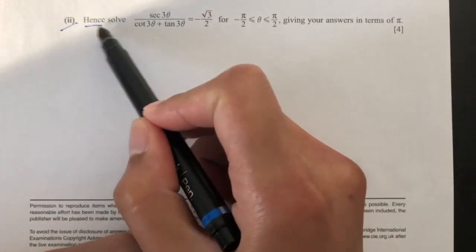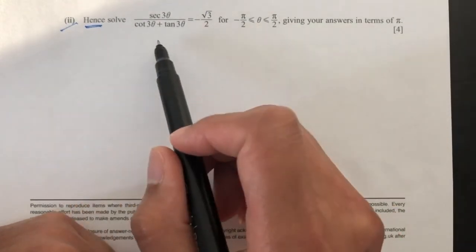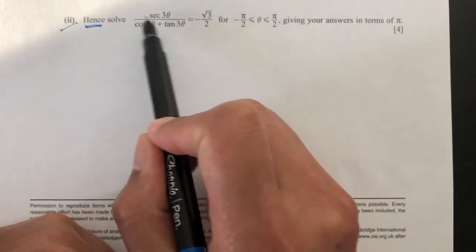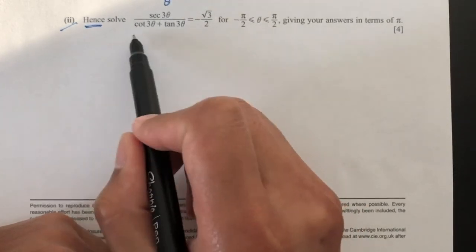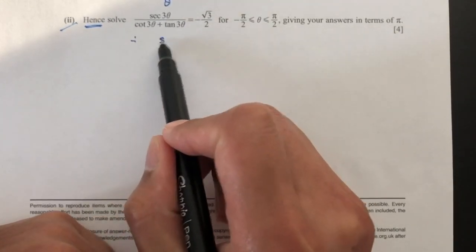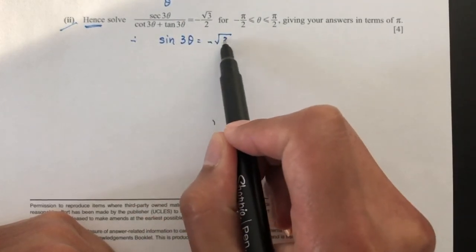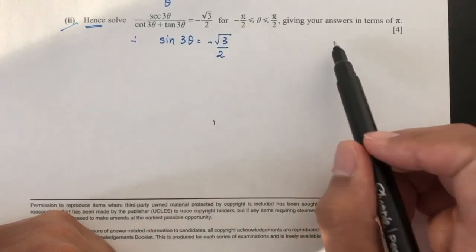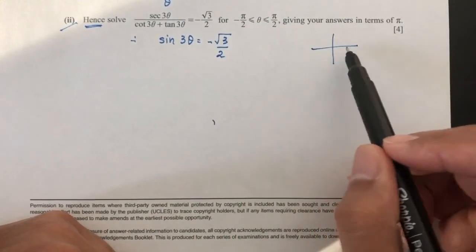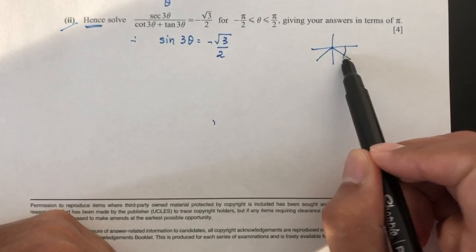Okay, so moving on to part 2. Here it says hence. Whenever you see hence, it means that we have to use our answer from the first part. The only difference from the first part is that here we have 3 theta instead of theta. So sine of 3 theta is equal to minus this 2. For a negative value of sine, as you know, it will be in this quadrant and this quadrant.